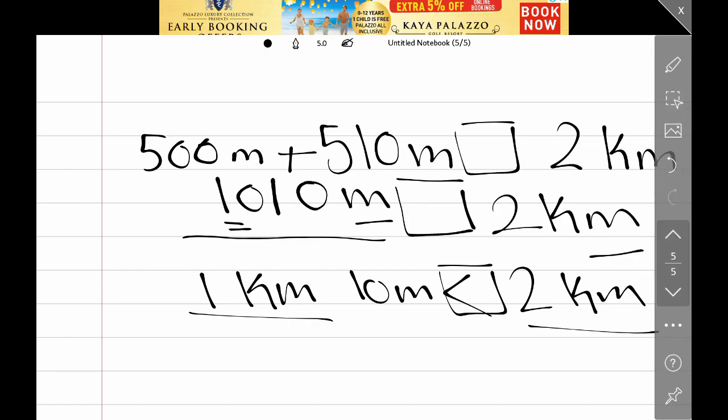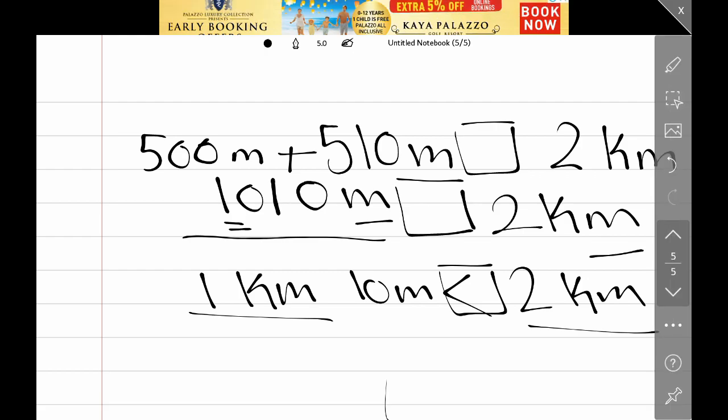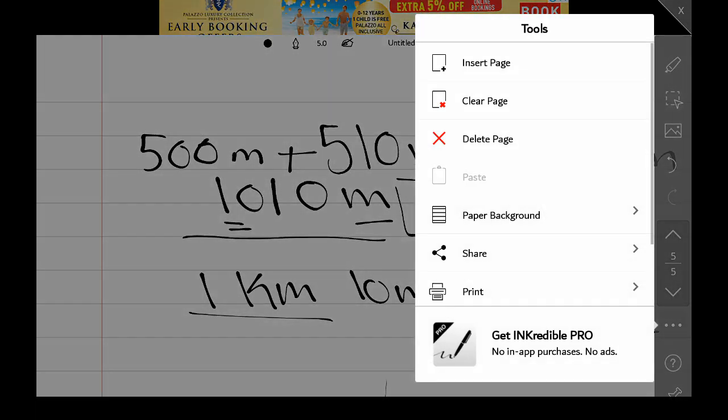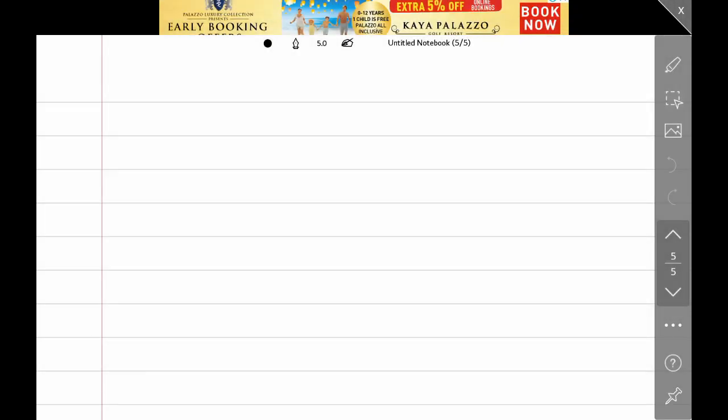Okay, now we are going to learn again how to convert meters into kilometers.